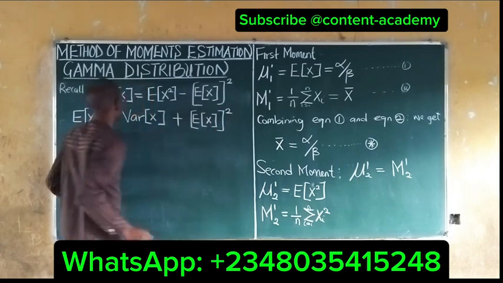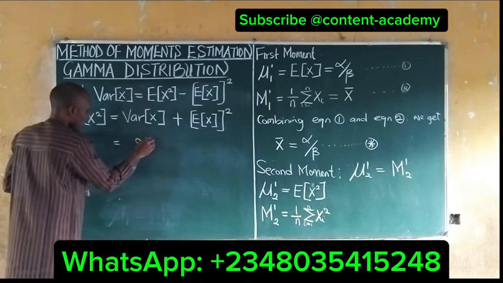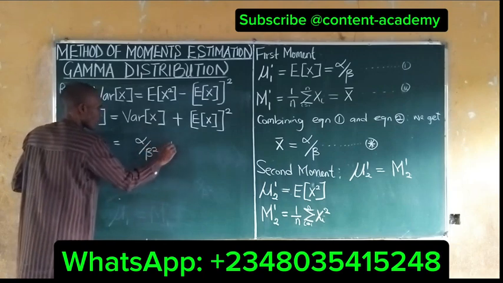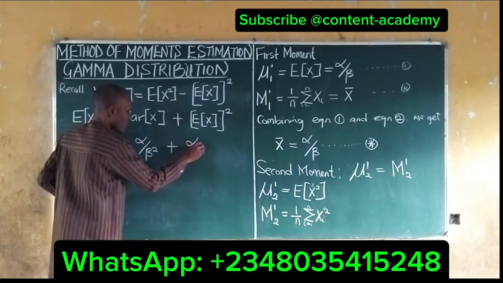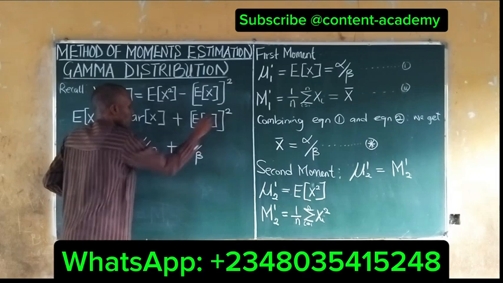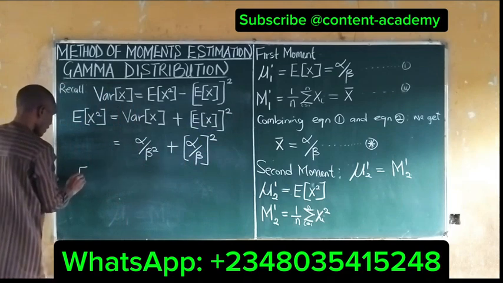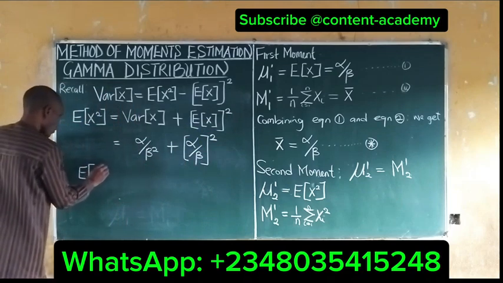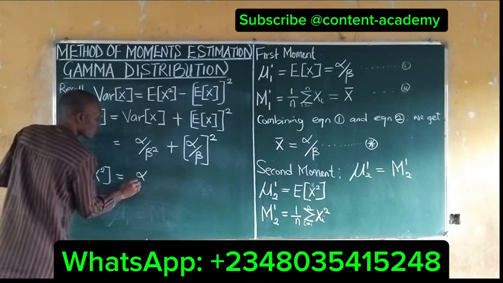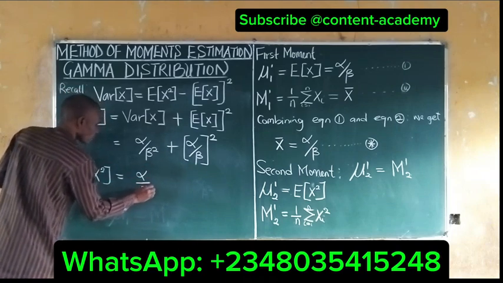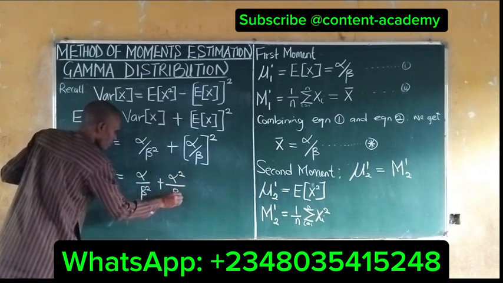Now, we can ask ourselves, what is our variance? We have our variance to be alpha all over beta squared, plus our expected value of x, which is alpha all over beta, but because of the square we write it as alpha squared all over beta squared. It then means that our expected value of x squared is equal to alpha all over beta squared plus alpha squared all over beta squared.